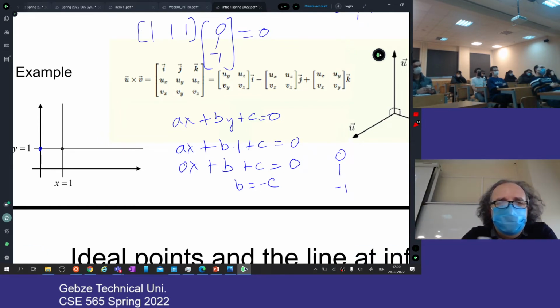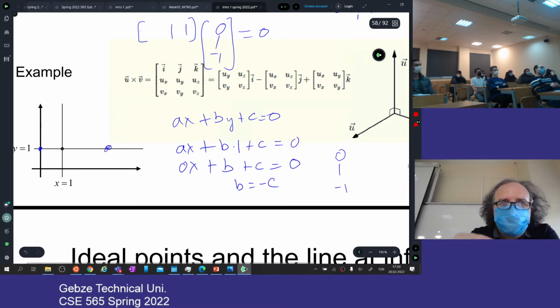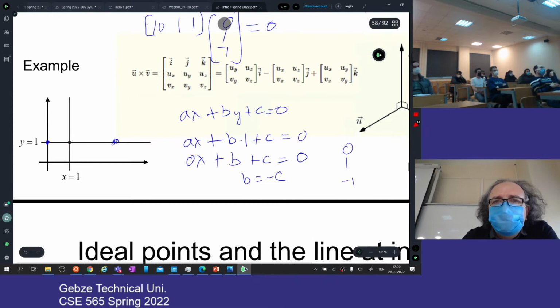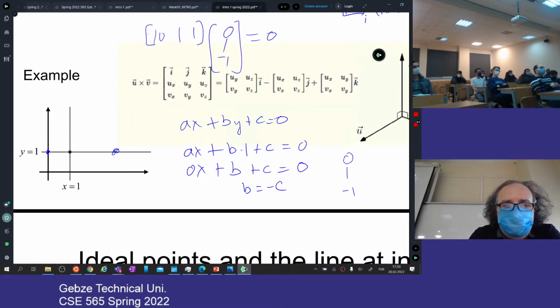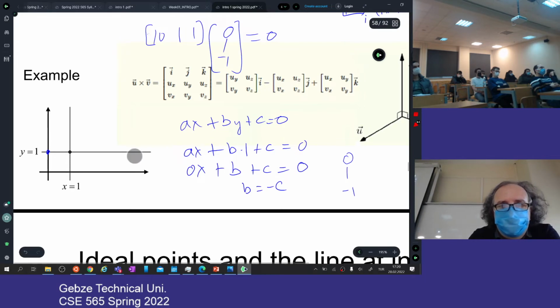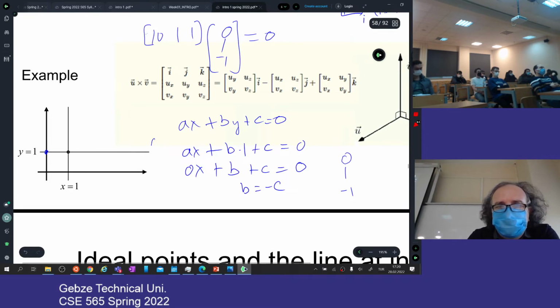Again 0. So anything on this line will work. So 0, 1, minus 1 is this line. I found it.